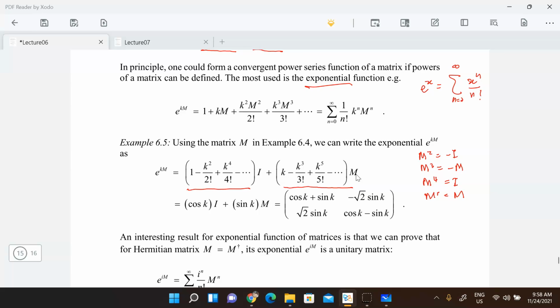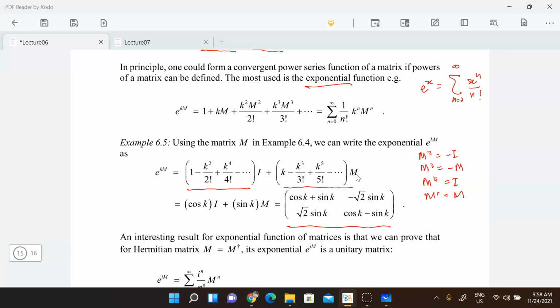So I can now write this in a much more compact way: this is just cos k times I plus sin k times M. Or if I write it in terms of the matrix that's been given, it will be equal to that. So sometimes you'll be asked to evaluate functions of matrices in this way.